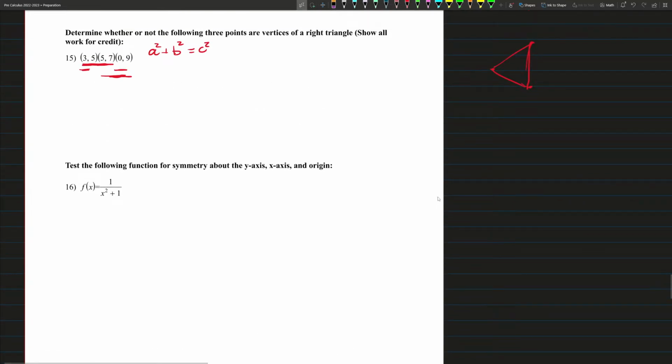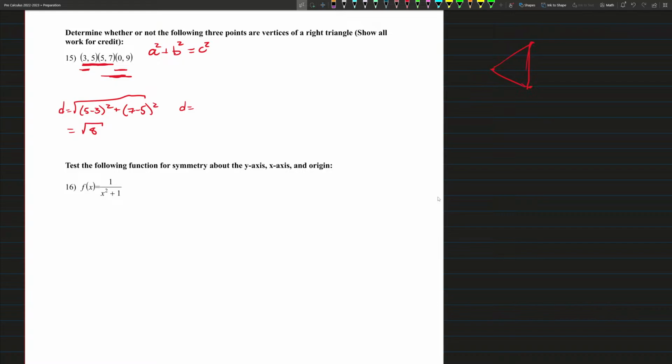so we're going to find the distance between point 1 and point 2. So this is going to be 5 minus 3 squared plus 7 minus 5 squared, which is equal to 4 plus 4, so that's root 8.